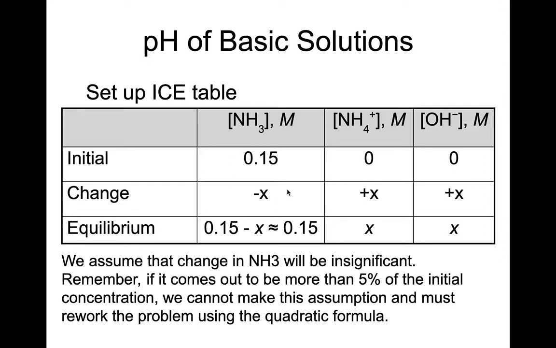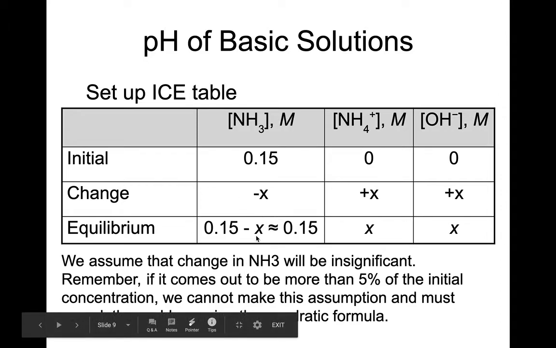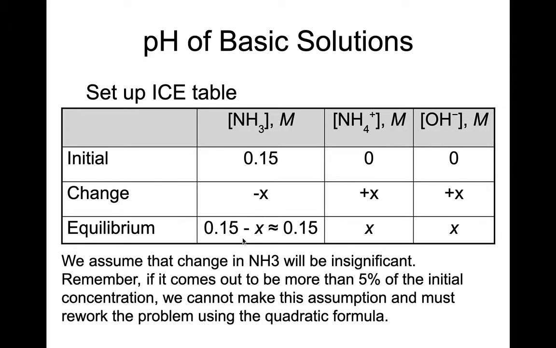The reactant is where we have to remember this assumption we can make here. We are initially going to assume that X, our change in concentration, is very, very small compared to the initial concentration. Since this is a weak base, we're going to assume that it is not dissociating all that much in water.